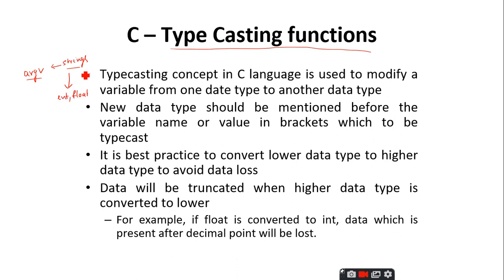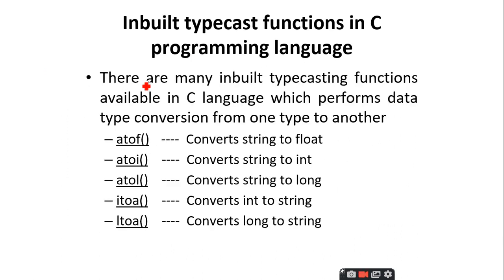To support this type of conversion of strings to integer or strings to float, C supports some predefined functions like this. These are the inbuilt typecasting functions available in the C language, which perform data type conversion from one type to another.